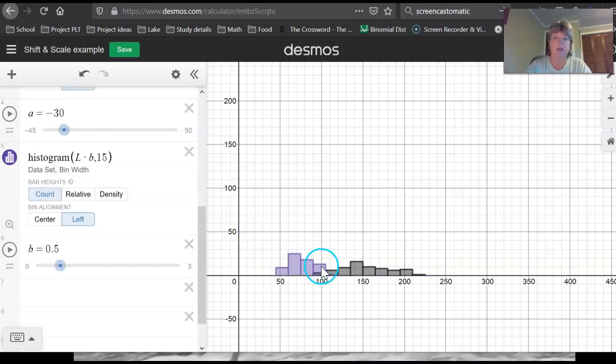Now it's less spread out than it was before, and it's getting pulled back towards the origin. The key to notice is that when I multiply by a constant, the spread is also changing. So our center is changing, and so is our spread.